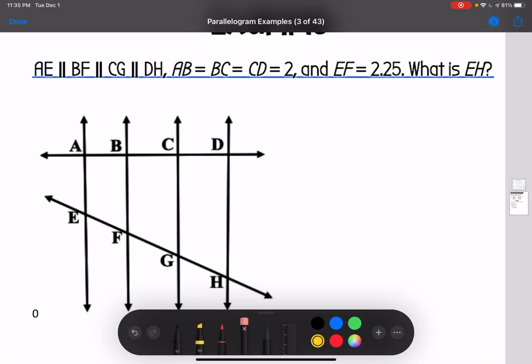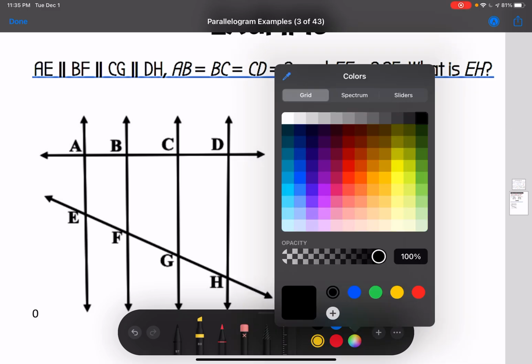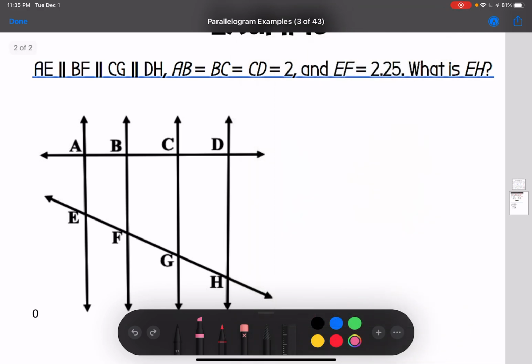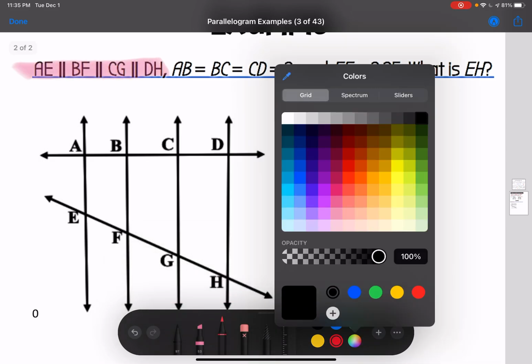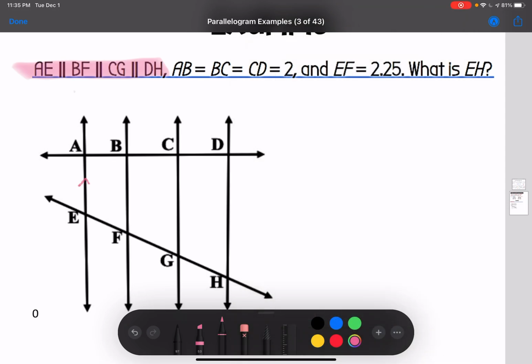All right, so let's try this example right here. And the first thing we're going to do is mark it up. All right, so if AE is parallel with BF, is parallel with CG, and is parallel with DH. Okay, so we've marked up our parallels.